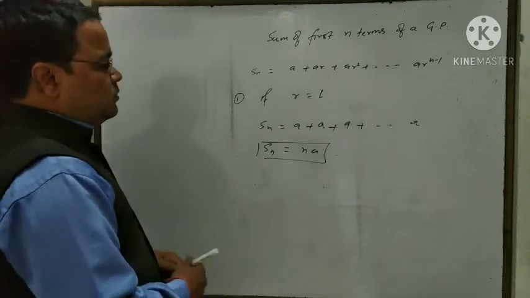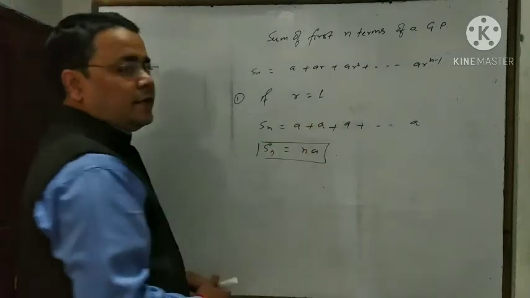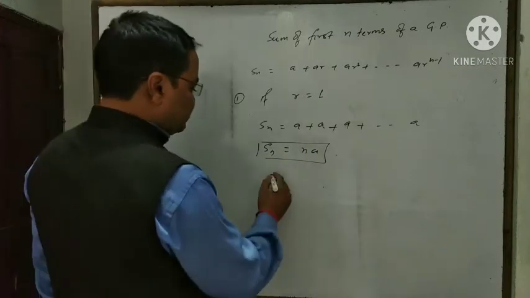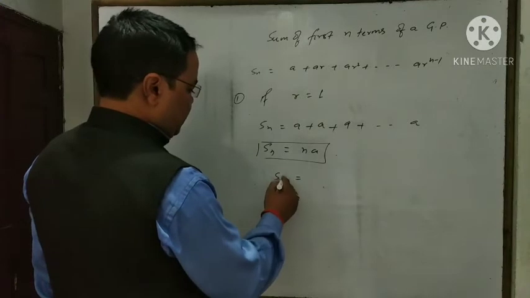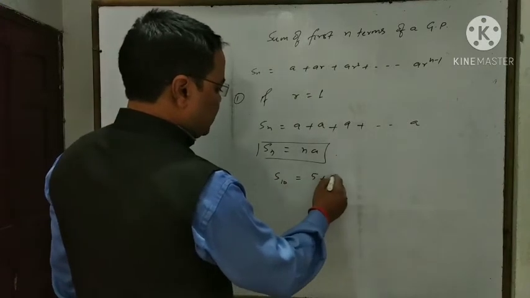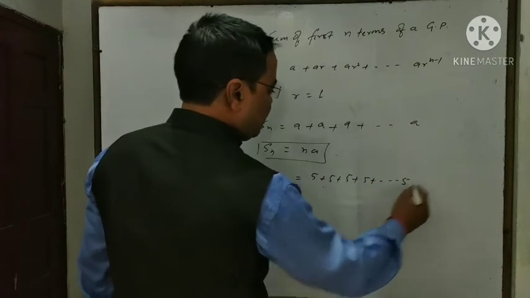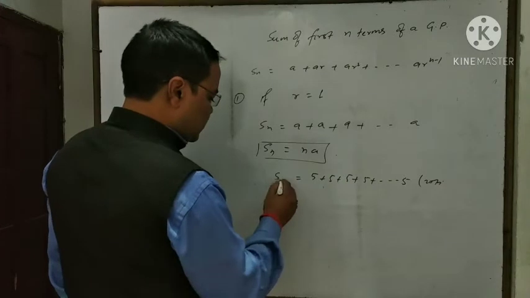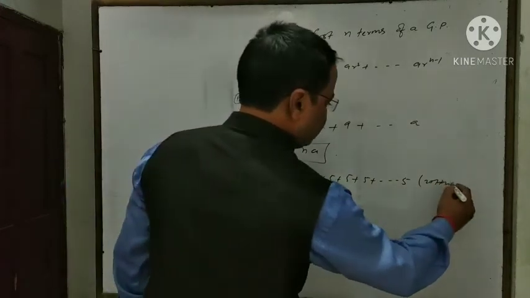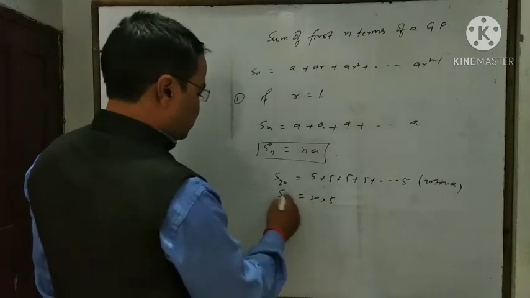In this way, if the common ratio is 1, then the sum of n terms will be na. It means if we write S20, 5 plus 5 plus 5 plus 5 like that, 5 up to 20 times, then its sum will be 20 into 5 according to this formula.